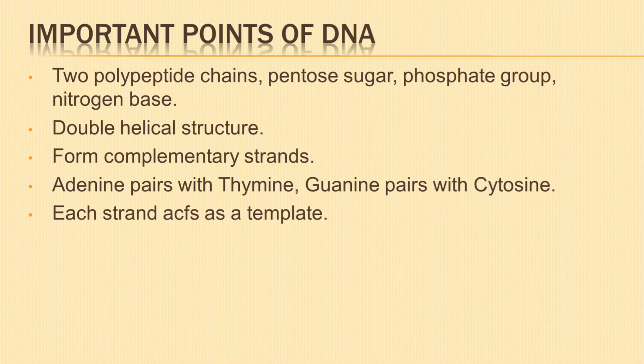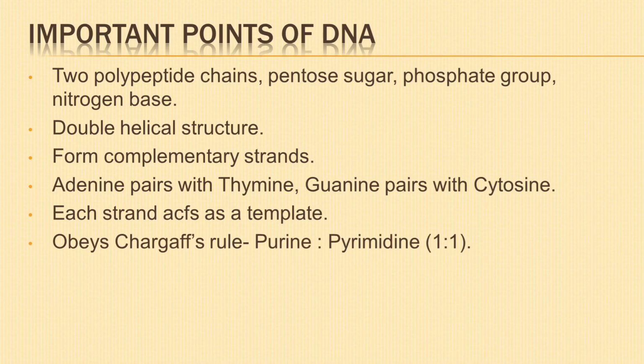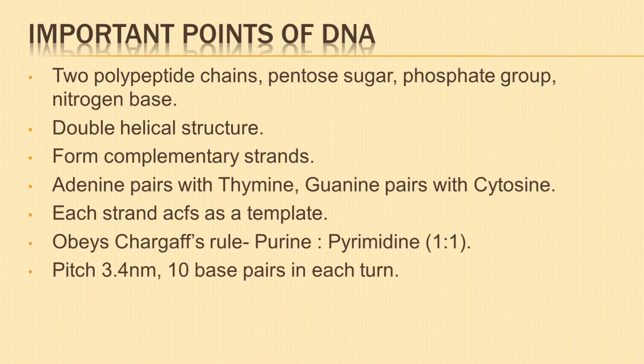Each strand from a DNA acts as a template for synthesis of new strand. Due to complementary base pairing, purine-pyrimidine ratio is always 1:1, which is known as Chargaff's rule. The 2 chains are coiled.